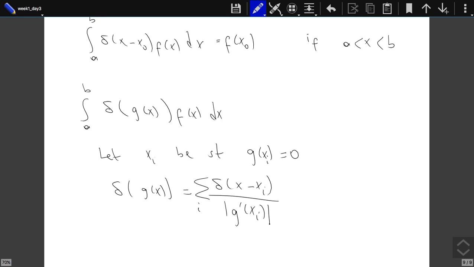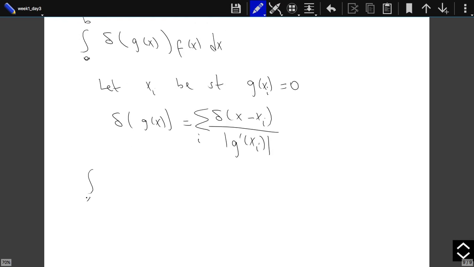Well, basically, you are making a change of variables in the integration. What you can actually show is, from xi minus to xi plus, Dirac delta of g of x f of x dx.